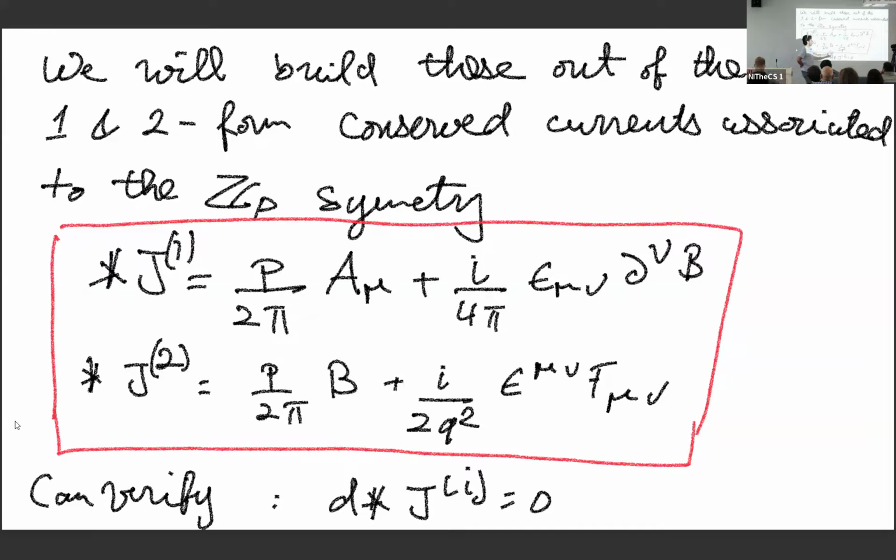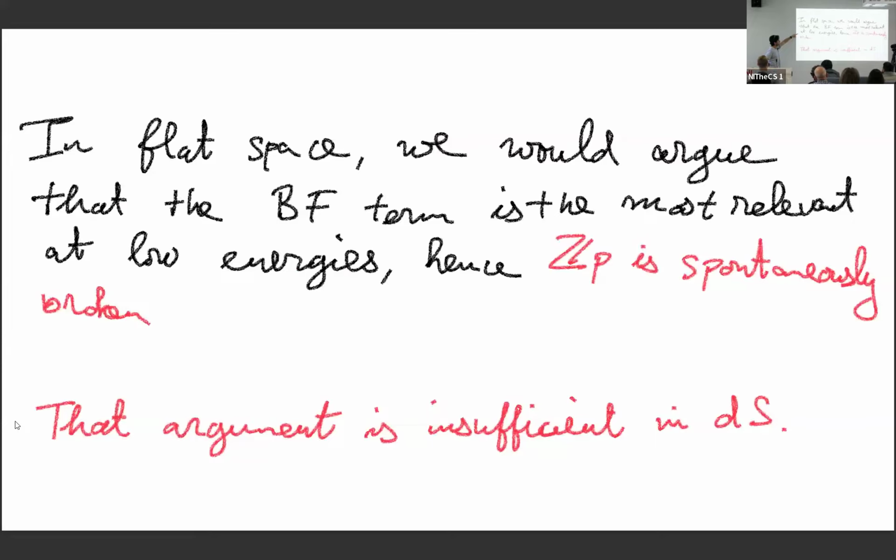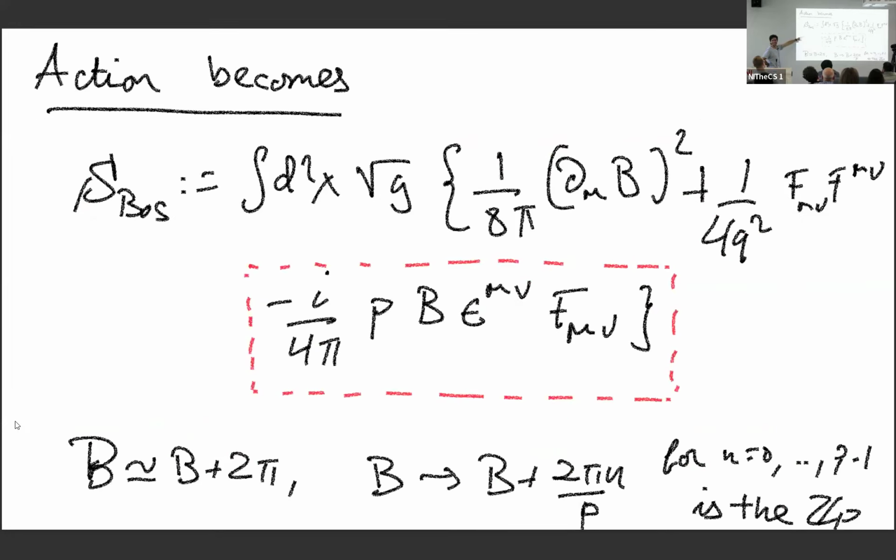And so now I'm just going to add a correction. The reason that I add these corrections is because these currents are conserved. They're conserved exactly. This theory has equations of motion.